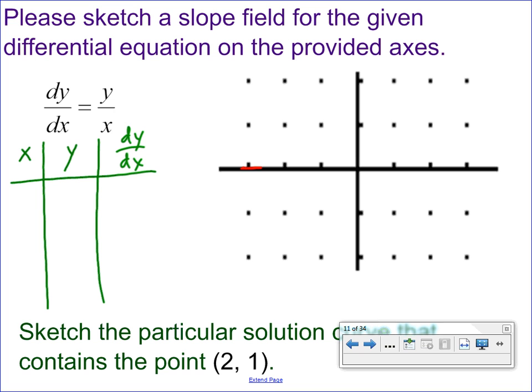Everybody good? We got horizontals for those 6 points? What happens when x is 0 and y isn't? Then I've got a vertical line segment. So where are those? Here, here, here, here.